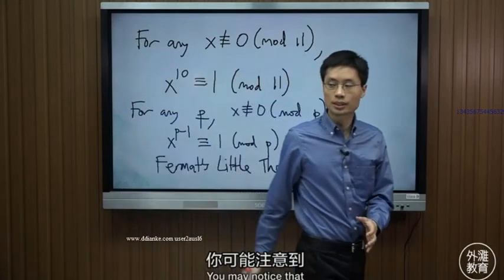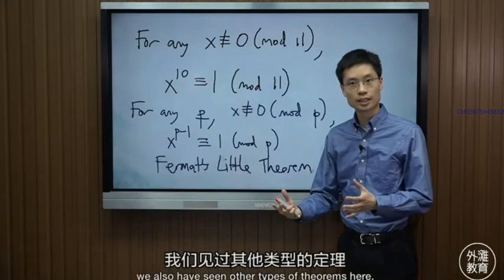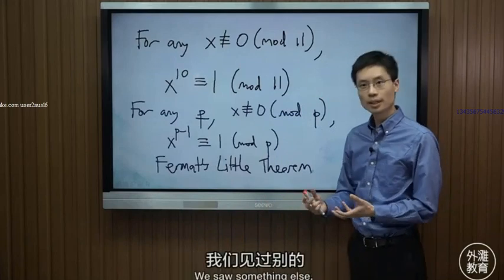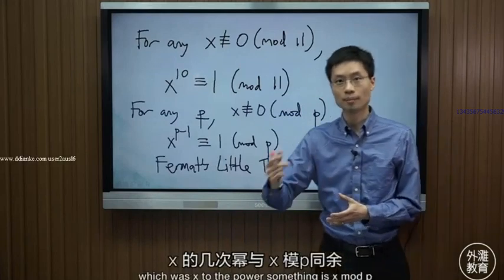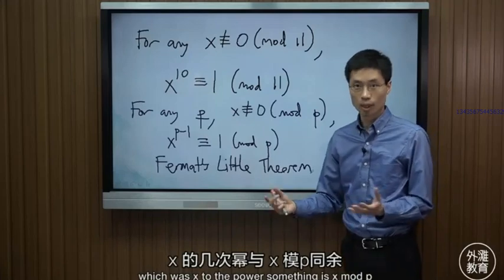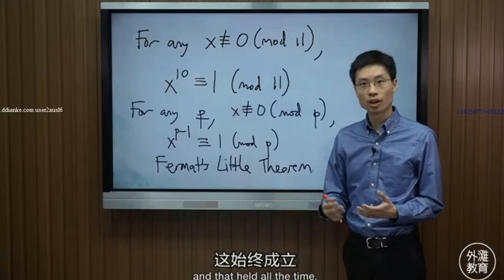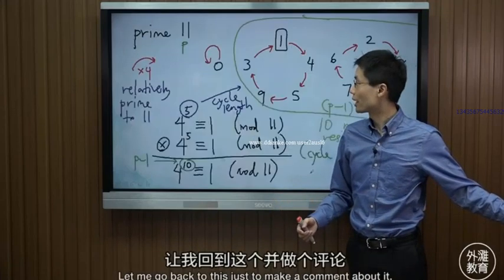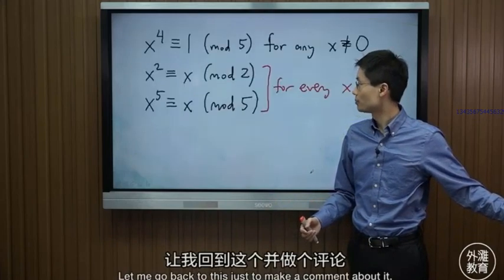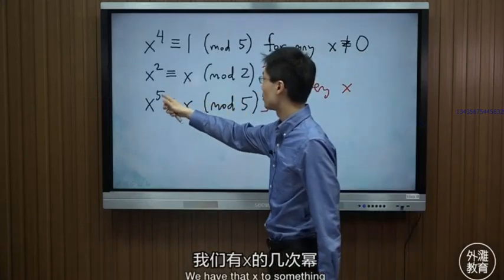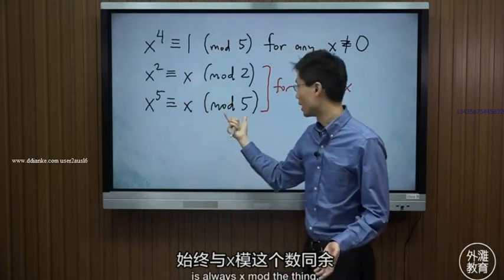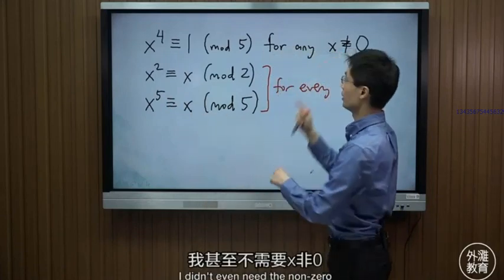You may notice that we also had seen other types of theorems here. We saw something else, which was x to the power something is x mod p. And that held all the time. Let me go back to this just to make a comment about it. We had that x to the power something is always x mod the thing. I didn't even need the not 0.